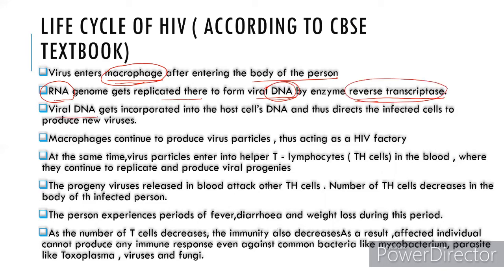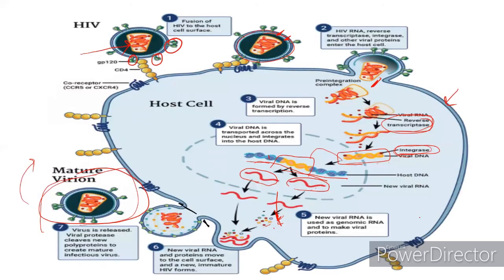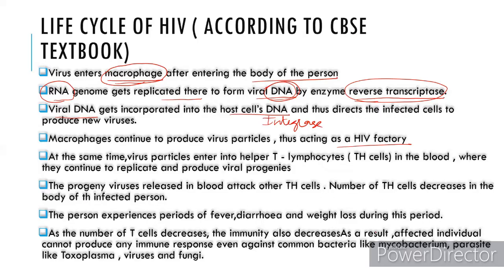Viral DNA gets incorporated into the host cell's DNA with the help of an enzyme called integrase, and directs the infected cells to produce new viruses. Macrophages continue to produce virus particles, thus acting as an HIV factory. So this cell is referred to as an HIV factory because it continuously produces HIV.